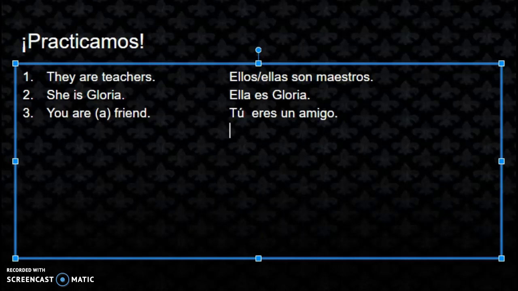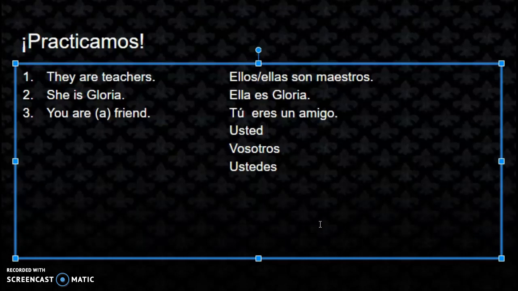So remember there's 4 ways to say you in Spanish. We could do usted is a friend. I could do vosotros is a friend. Or I could do ustedes is a friend. So remember these first 2 are singular, last 2 are plural. First and third are informal, second and fourth are formal.